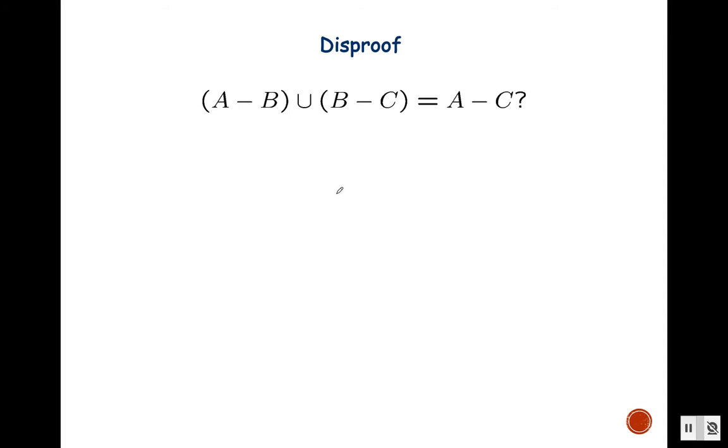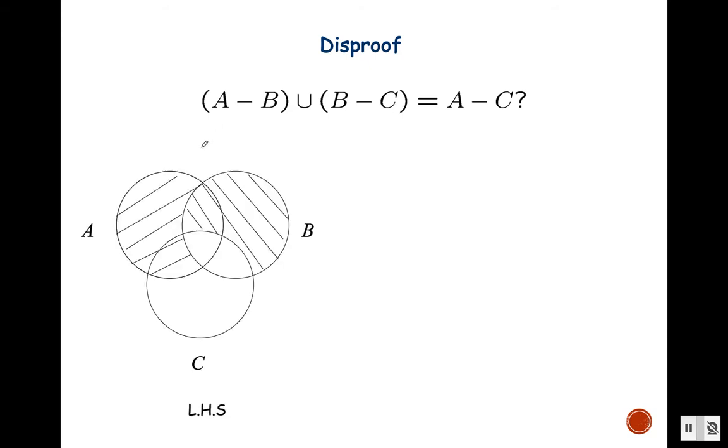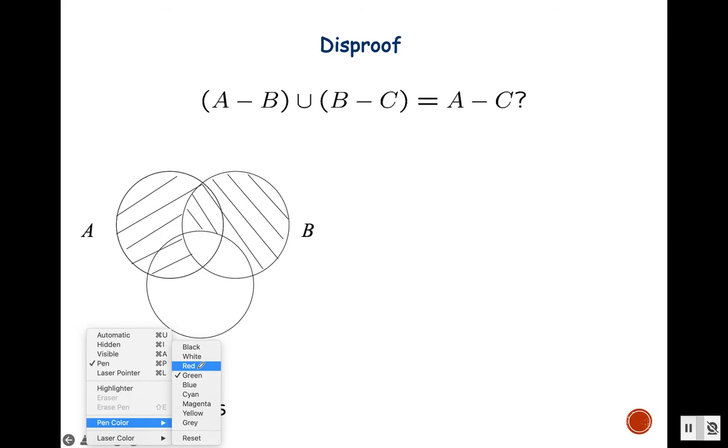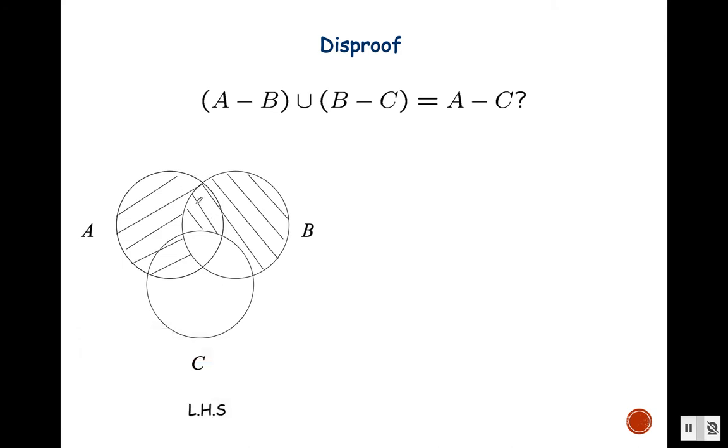All right, so here we have A minus B union B minus C. Let's draw them. So what is our A minus B? A minus B means A not in B, so this will be our A minus B. All right, what is our B minus C?